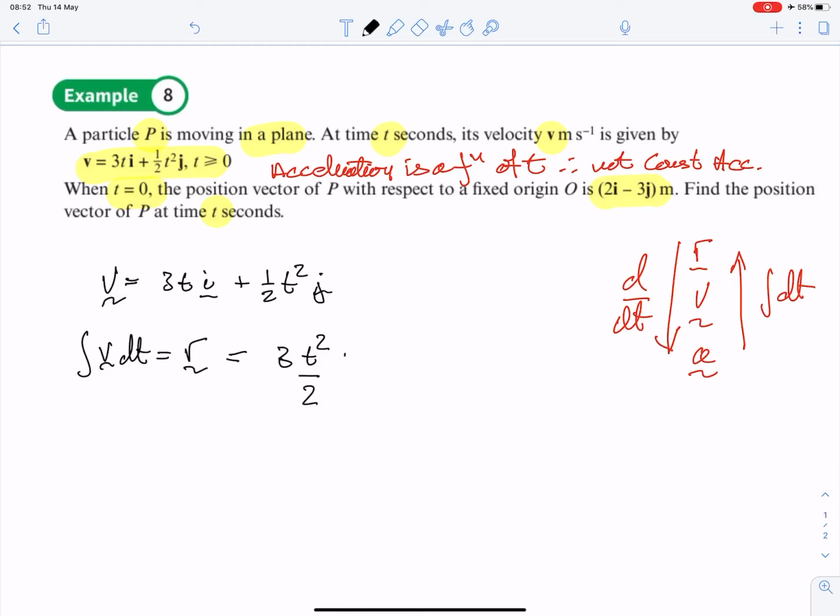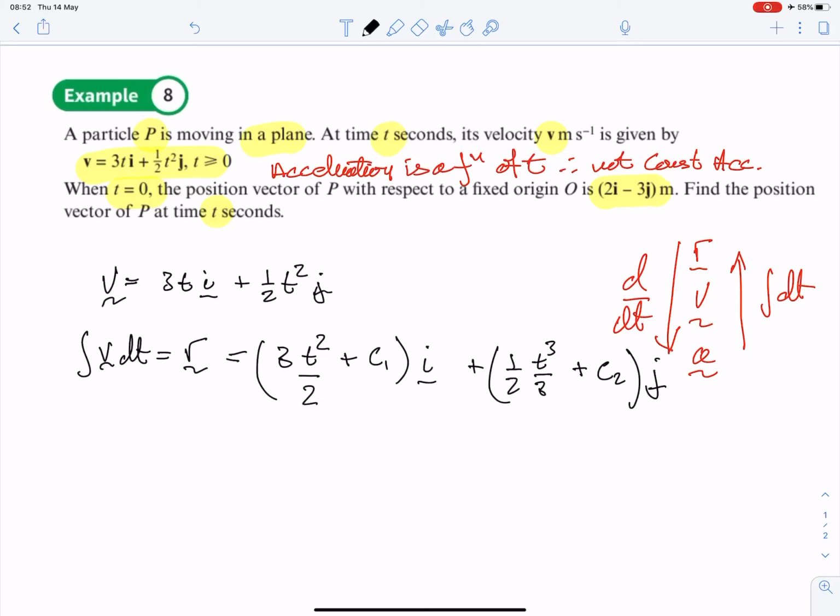And we need a constant, plus c1. And that's the i, plus, write down the constant, add 1 to the power, divide by the new power. And we also need a constant in the j component, so we'll call that c2.